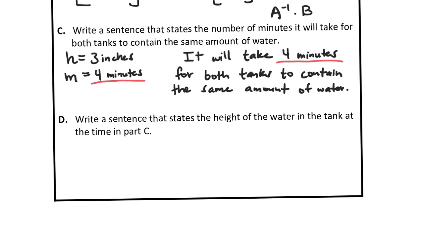So for part D, we're going to make a sentence about the height of the water. Write a sentence that states the height of the water in the tank at the time in part C. Okay.